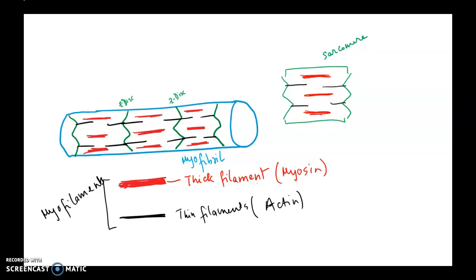And remember, a myofibril is this long rod-like protein that extends throughout the length of the muscle fiber. Within this myofibril, thick and thin filaments are organized into sarcomeres.